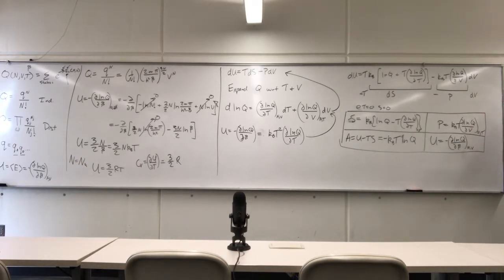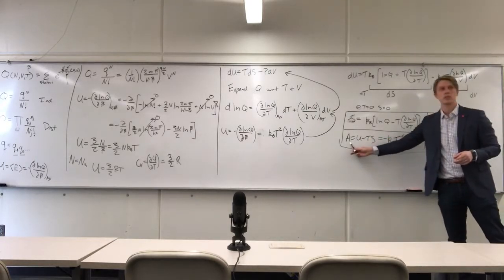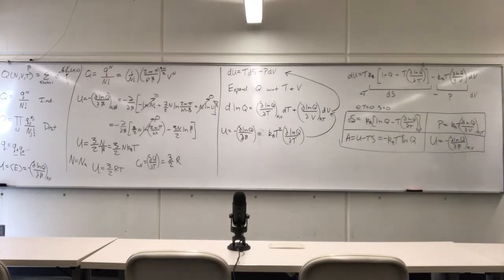Now, just as we can calculate, for example, the internal energy as a function of any thermodynamic variable, we can calculate the Gibbs free energy as a function of any thermodynamic variable. But different thermodynamic functions are easier to manipulate in certain ensembles.